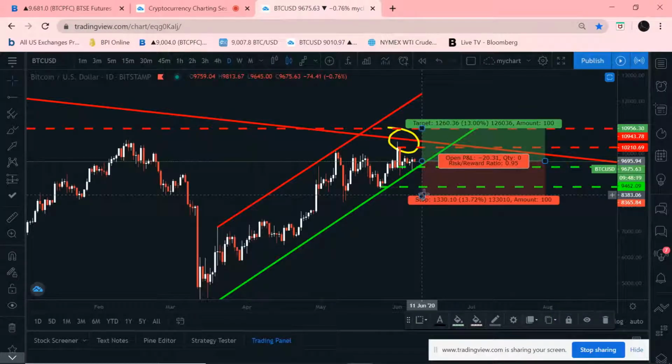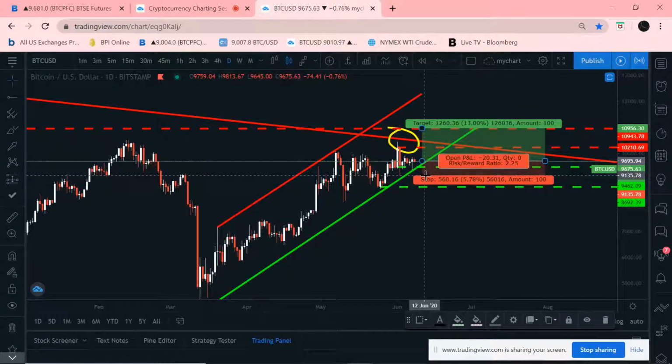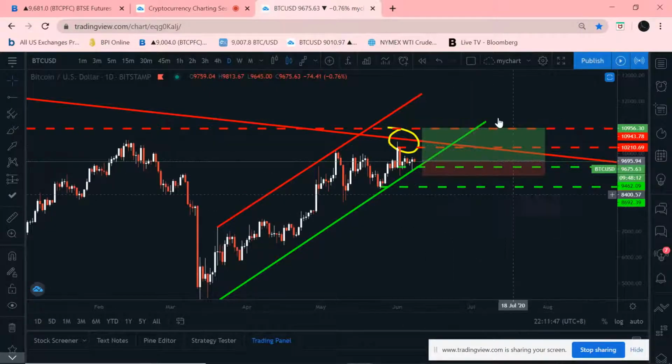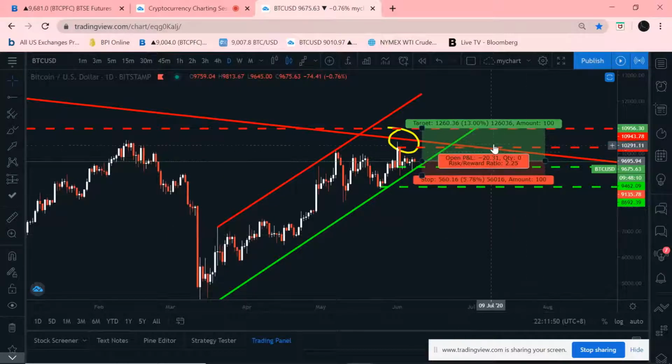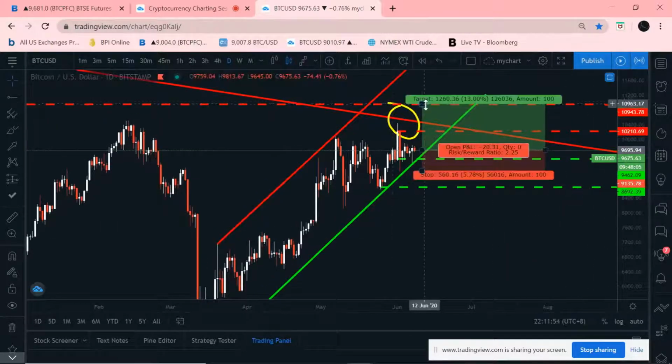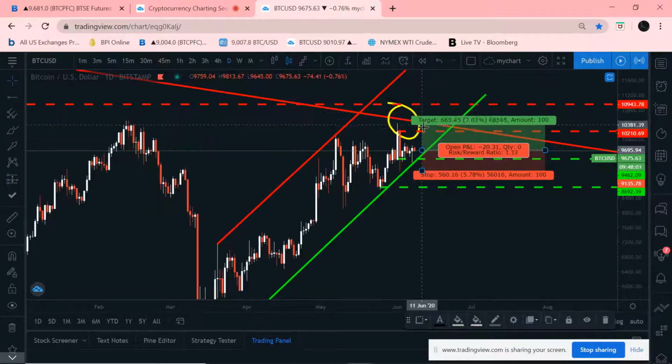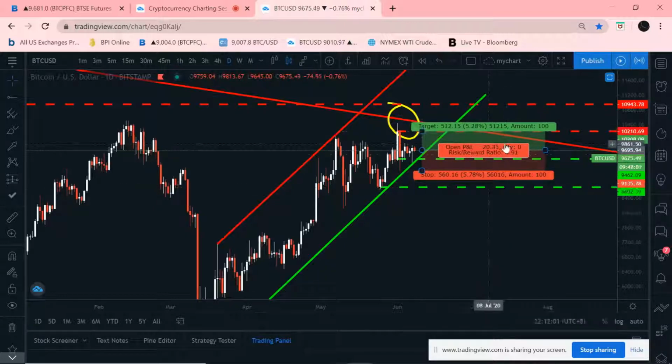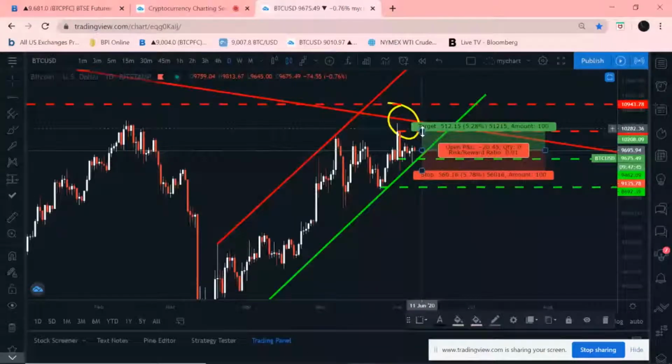I'm still long on some positions actually. I'm expecting it to retest at least around 11,000. But you can actually put it at this level around 10,200. If that is the case, the risk reward ratio is actually 0.91. For me, this is not an attractive risk reward, expecting it to break out.